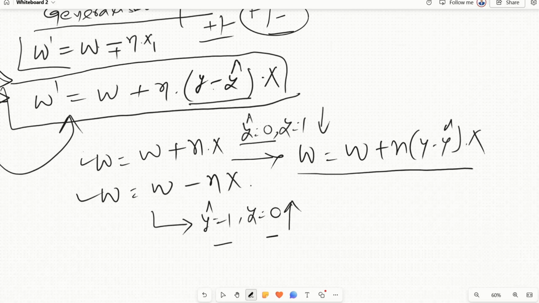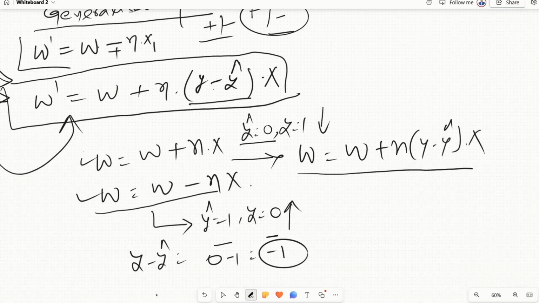If I combine that just to make the sign, you can see that in this equation, y minus y predict, when y is equal to 0 and y predict is equal to 1, it becomes minus 1. So in this case, y minus y predict will give me a negative sign. In the other case, y is equal to 1 and y predict is 0, it will give me a positive sign.